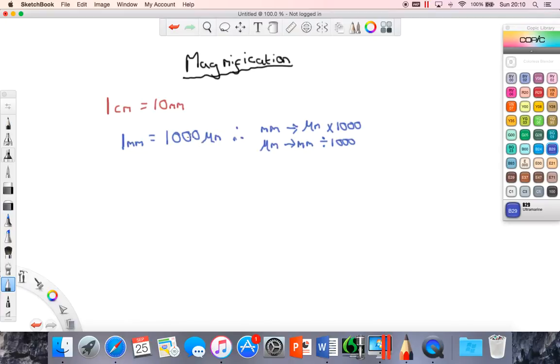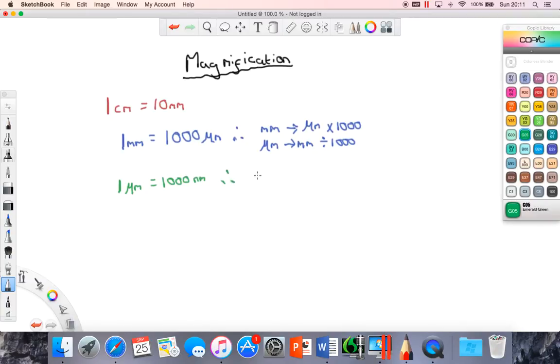We don't always work with micrometres. When we're looking at things like organelles, we often have to work with an even smaller increment, and this increment is known as a nanometre. 1 micrometre has 1,000 nanometres in it.